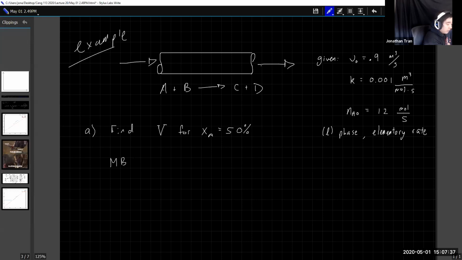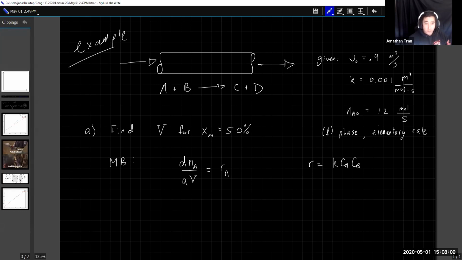And so in this case, the material balance will be written for species A. dNA dV is equal to r sub A. And here we can define the rate law since it's elementary. Instead of r sub A, I always like to define my rate law in terms of the overall reaction, so just r. In this case, because it's elementary, it's simply going to be k CA CB, which is nice and easy.